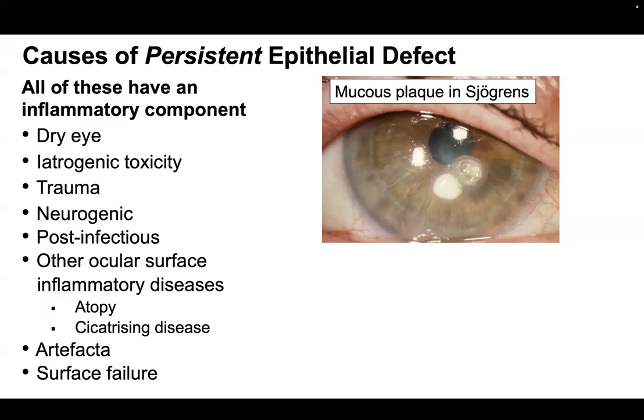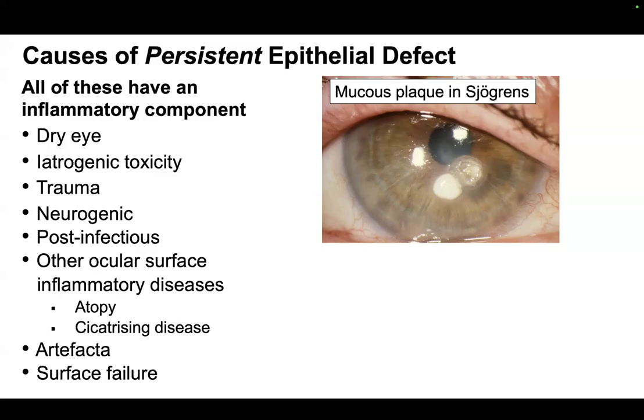So dry eye can cause persistent epithelial defect. When I say iatrogenic toxicity, I mean things like some eye drops that we prescribe, particularly those containing benzalkonium chloride, trauma, neurotrophic ulceration, and those with diabetes particularly, patients who've had infections, and then there's chronic inflammation that's not permitting the ulcer to heal, thinking particularly of HSV there.